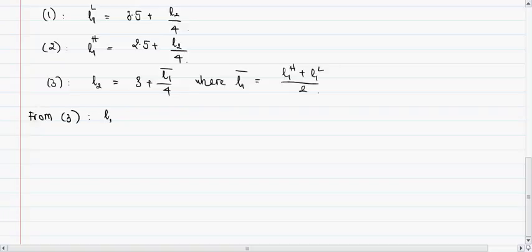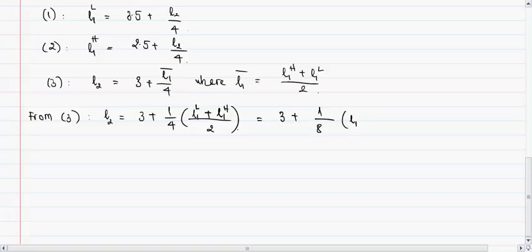So from 3, L2 is going to be equal to 3 plus a quarter of L1 bar, which is L1 low plus L1 high divided by 2, right? So that's going to be equal to 3 plus 1 on 8 of L1 low plus L1 high.